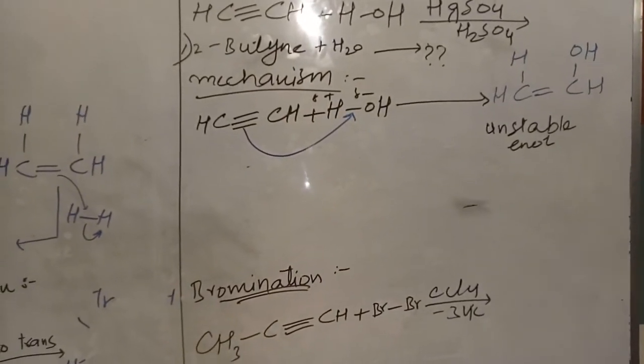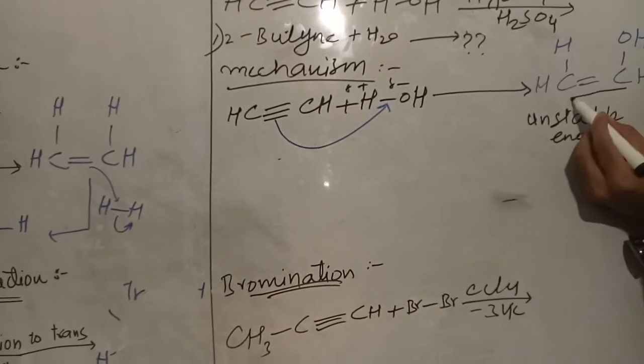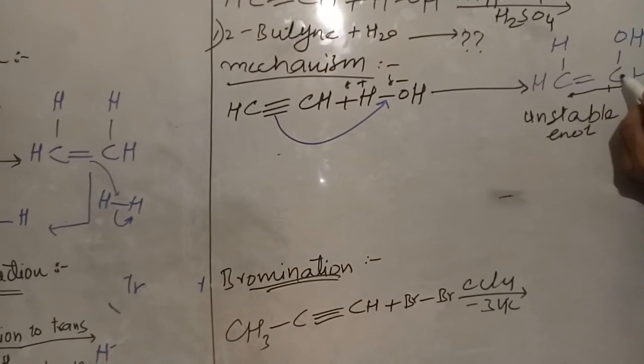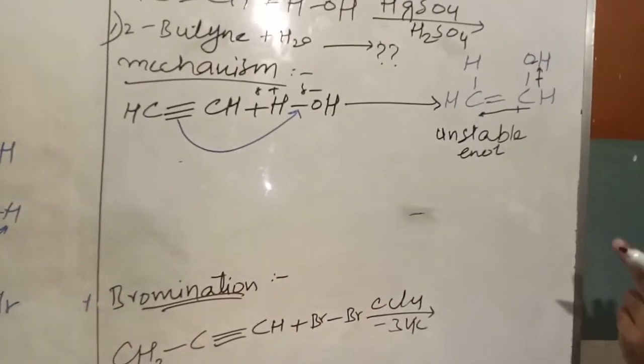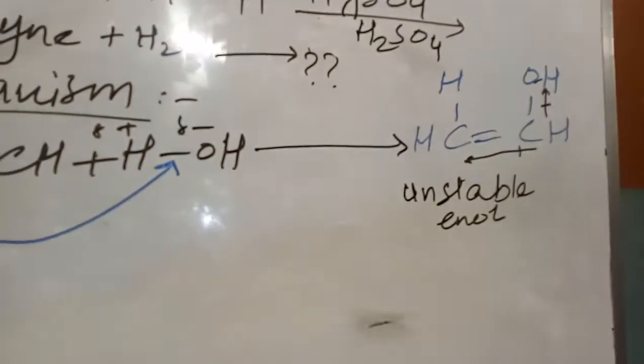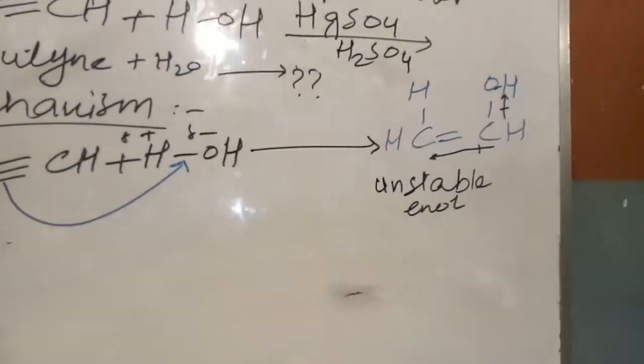Unstable enol. Why unstable? Because this carbon gets attraction from this carbon, and this carbon also gets attraction from this highly electronegative oxygen. So due to these two attractions from both sides, this whole molecule will become unstable.